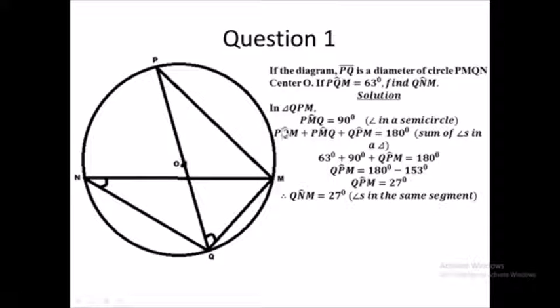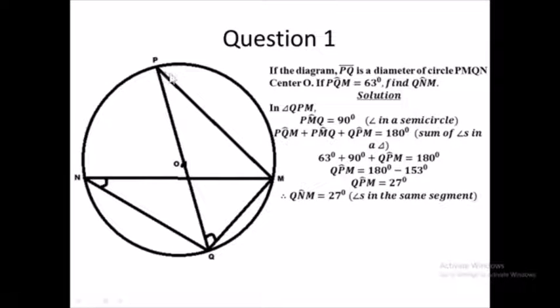If you look at how we can find that angle, look at this triangle QPM. From the theorem that we proved in the last video, which says that the angle in a semicircle is a right angle. Look at it, this is a diameter now. That makes this half of the circle a semicircle.